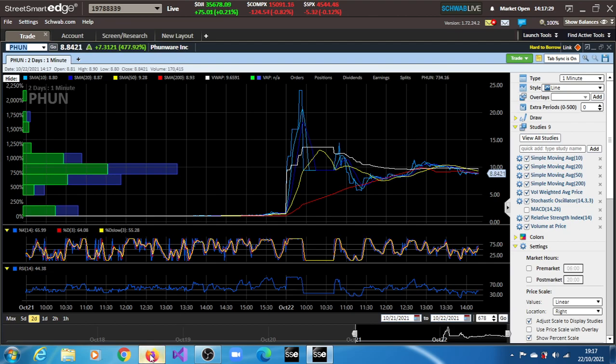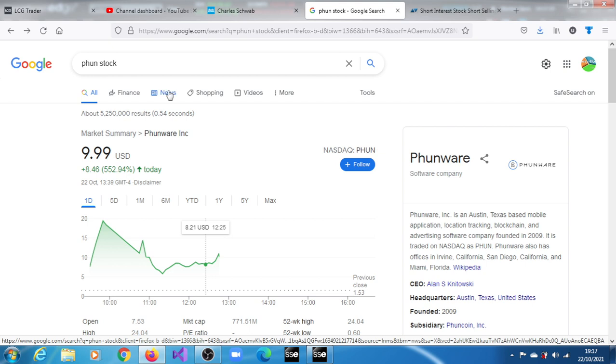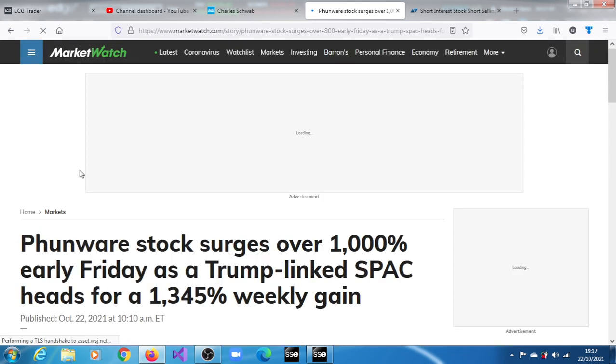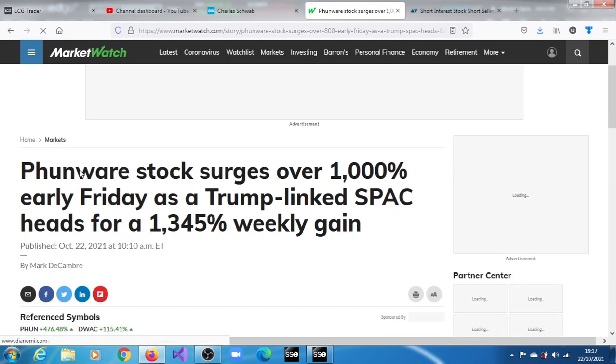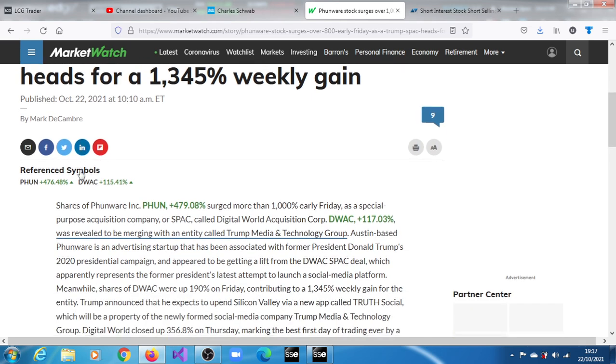Okay, while we're at it, we can see whether we can get any news. Yes, Phunware stocks are just over 1,000%. Yes, it did happen. Okay, 1,345% weekly gain.